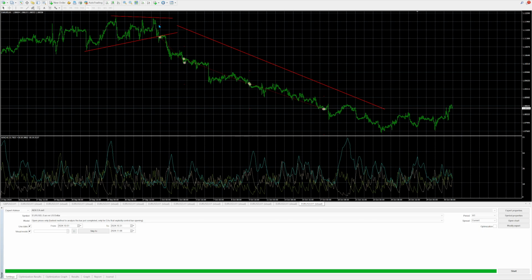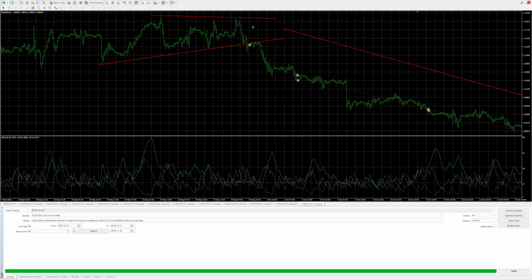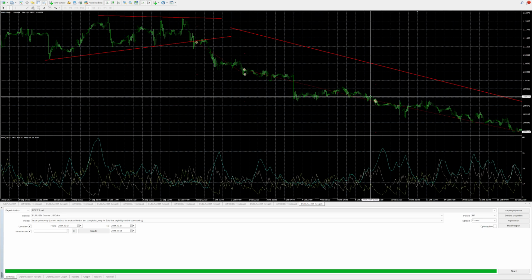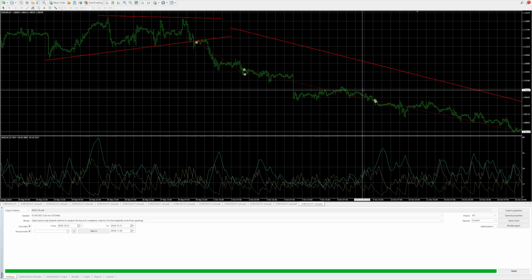Zoom in so you can see, this red line here is where the stop loss was placed for this trade, okay? It's not terrible, but I would have placed my stop loss probably above this high here. For this sell trade, my stop loss would have been here above this high. That one's not too bad, but arguably the stop loss could have been here and we could have halved our stop loss.